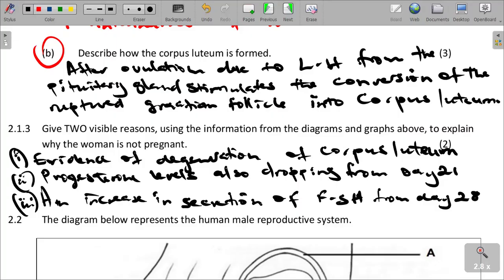It is visible on the graph there. It is actually showing on day 28. That shows that follicles are being manufactured and growing, which is not supposed to be the case when a person is pregnant.